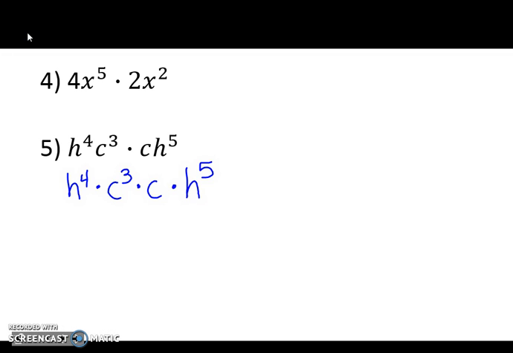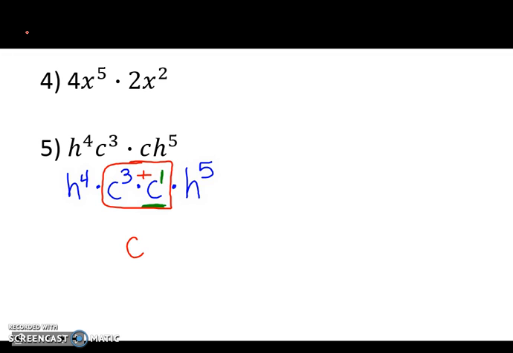Now the first thing I notice, guys, is this c. This c doesn't have an exponent. If anything doesn't have an exponent, we need to give it an exponent. So just like before, anything that needs a placeholder, we're going to give it an exponent of 1. So now I can combine my like bases of c.